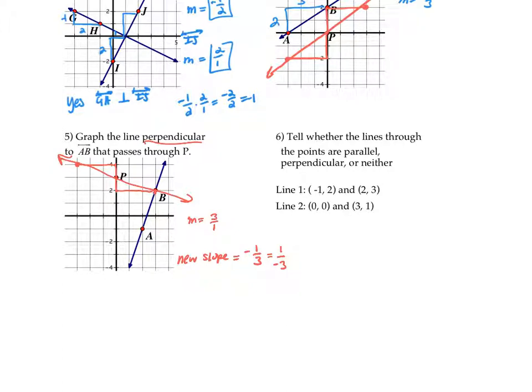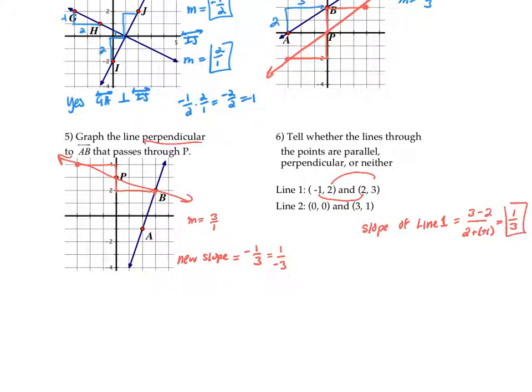For the last one, it says tell whether the lines through the points are parallel, perpendicular, or neither. We just have to find the slope of line 1. For that, we take 3 minus 2 for the change in y's, the 2 y values, and divide it by 2 minus a -1, the change in the x values. 3 minus 2 gives us 1. 2 minus a -1 turns into 2 plus 1, which is 3.